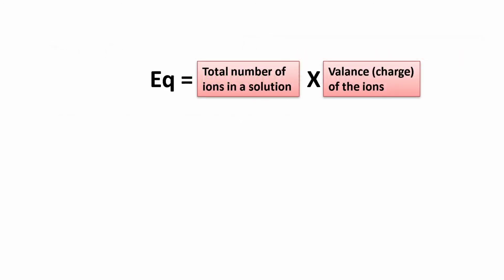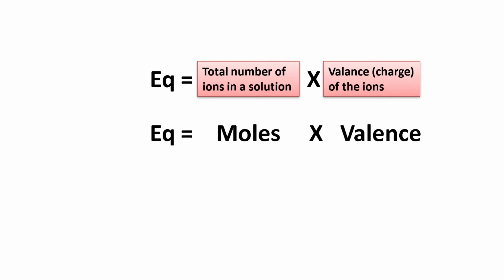Let us see the mathematical equation for an equivalent. Equivalency is equal to total number of ions in a solution multiplied by the valence or the charge of the ions. That means equivalent is equal to moles into valency.